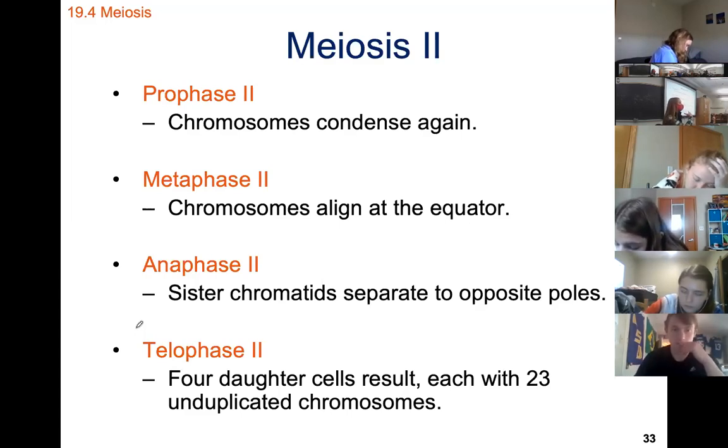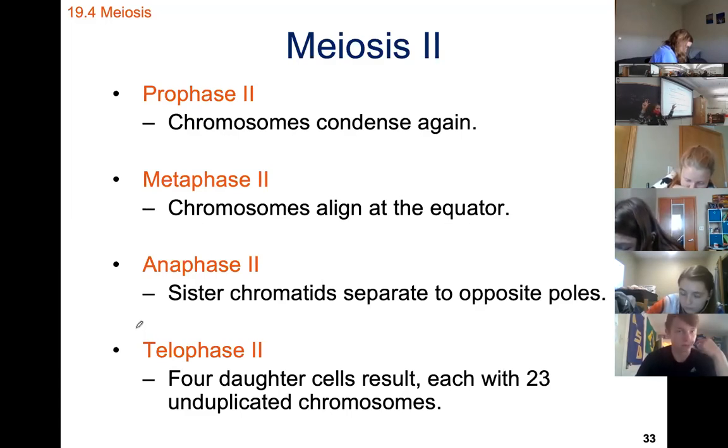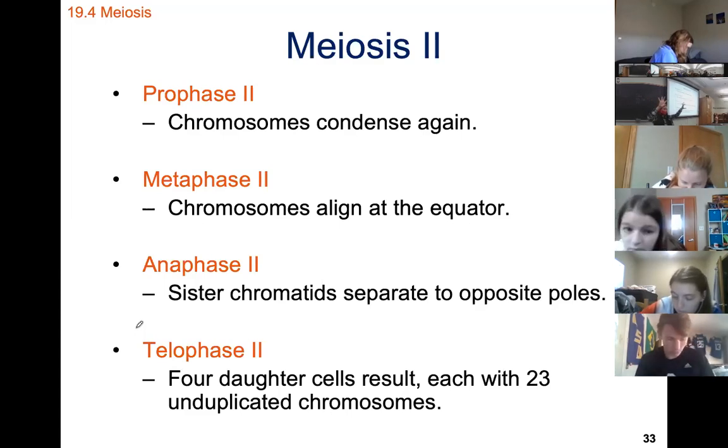So this phase, it also helps that they are listed with the number 2 next to it. And the phases seem to have some common themes here. So prophase, remember, they condense, they become more visible. That happens again. Metaphase, the chromosomes align at the equator. Anaphase, sister chromatids separate to the opposite poles. Telophase, 4 daughter cells result. So we now split.